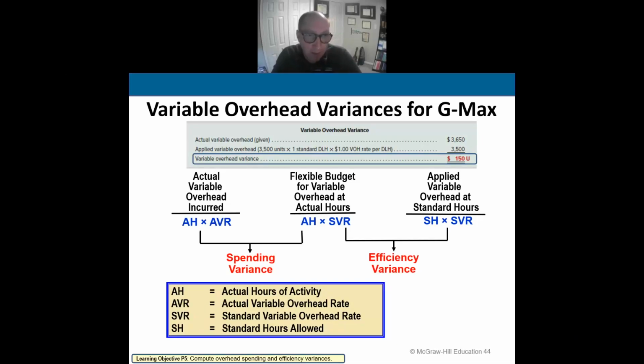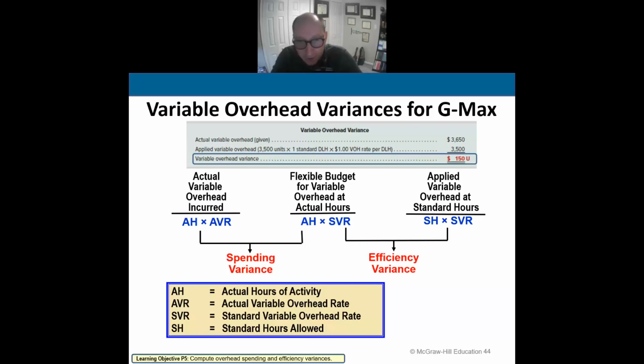Well, we take the actual overhead times the actual variable rate minus the actual overhead times the standard variable rate to find the spending variance.